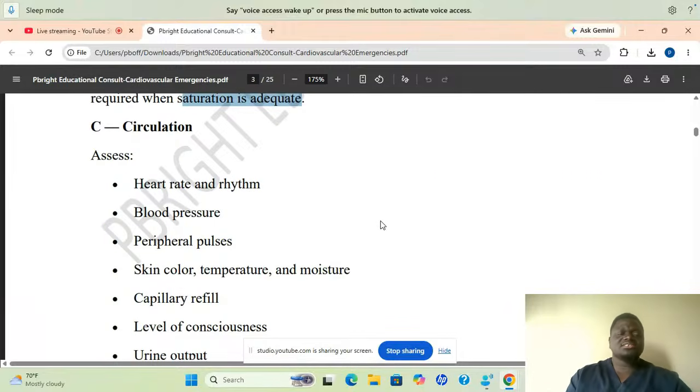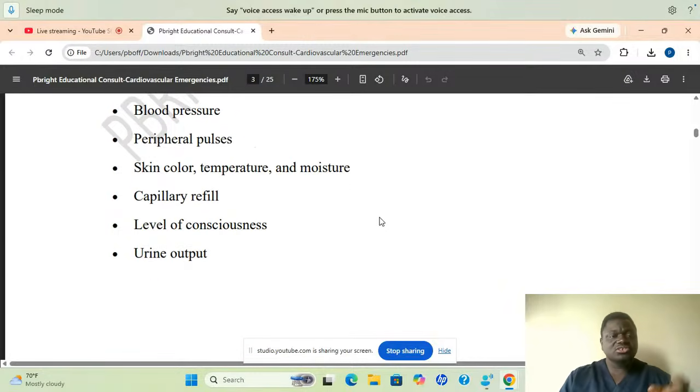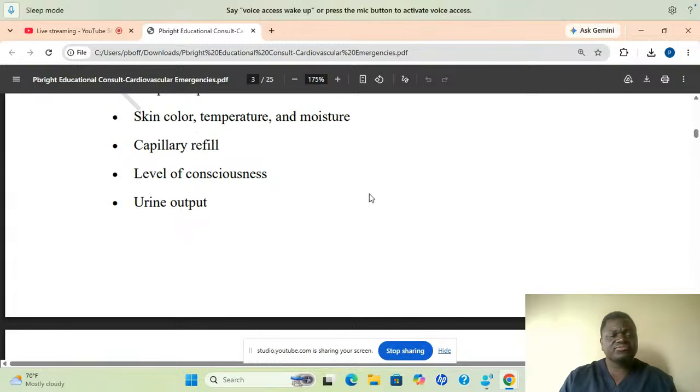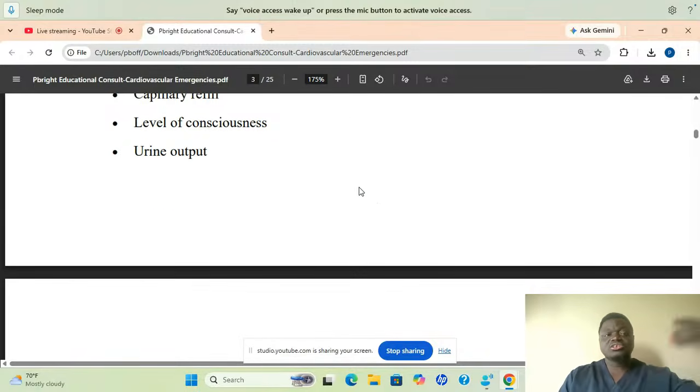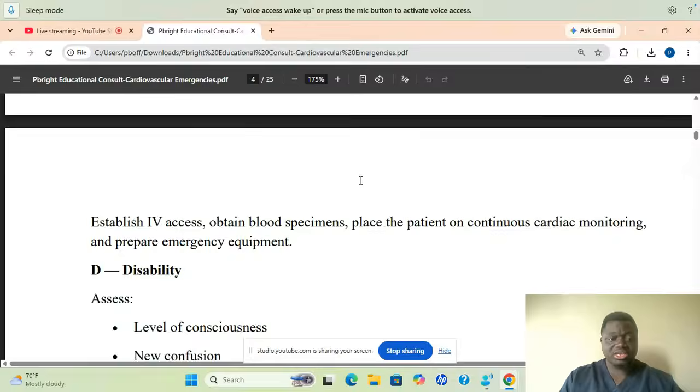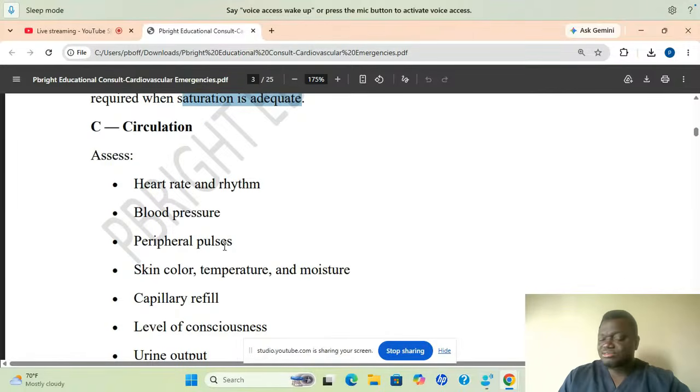Circulation. So we move to the circulatory system. What are the things you're going to gather there? Your heart rate, your rhythm, your blood pressure, your pulses, your skin color, temperature, and moisture, your capillary refill, the level of consciousness of the patient, the urine output, then temperature, add temperature to it.